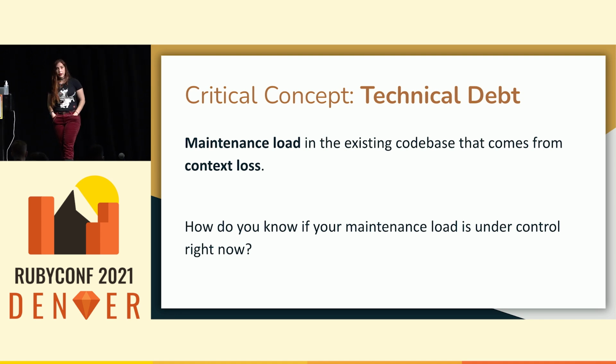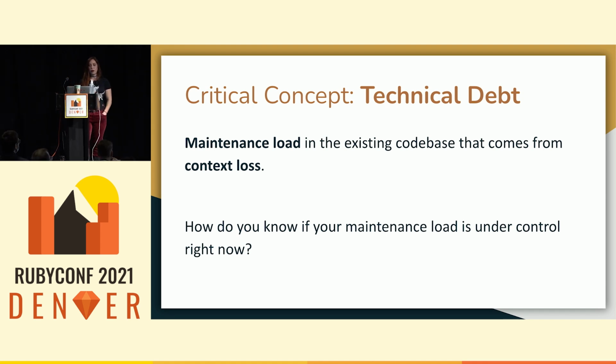Well, we can quantify that in terms of how much of our developer time and effort is getting spent. How do you know if your maintenance load is under control right now? So we talked about a number, but you're all in this room, and you didn't know that definition or that numeric quantification before we got in this room, so you must know somehow.